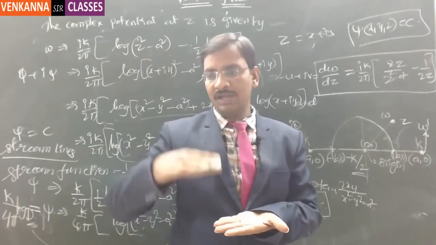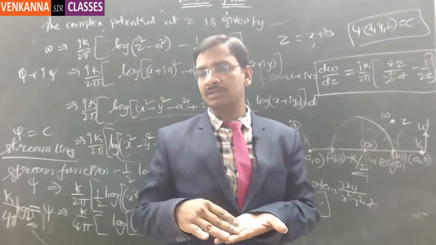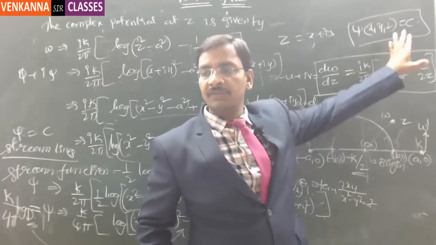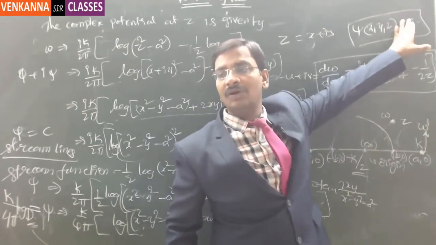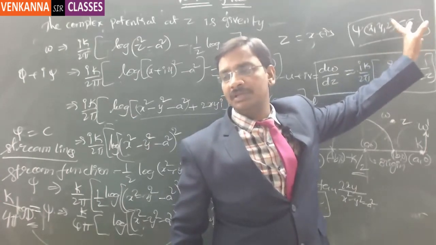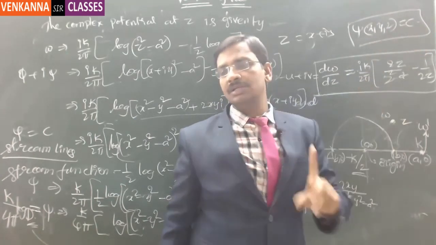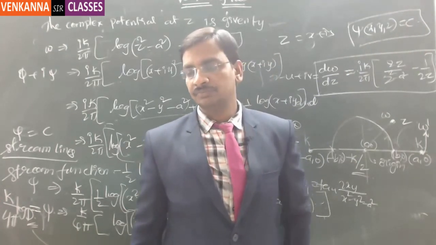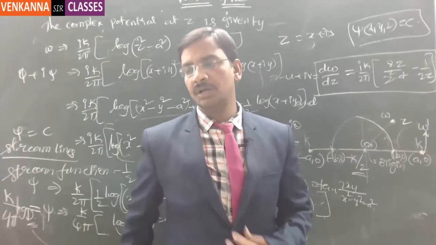For different levels you get different sets of streamlines, and each one we call a streamline. In general, if I take this out, we call it the stream function, but if I equate it to some constant, we get the streamline. That's why psi is equal to constant is the rule to get the streamlines from the stream function. Got it? Understood or not?